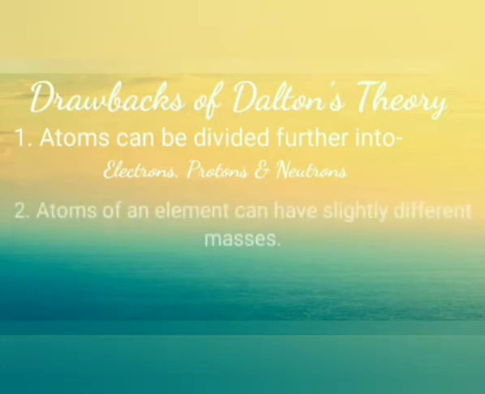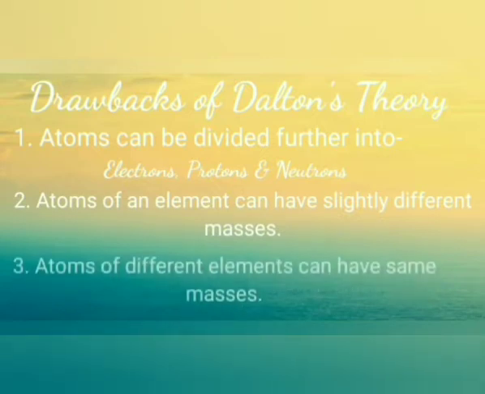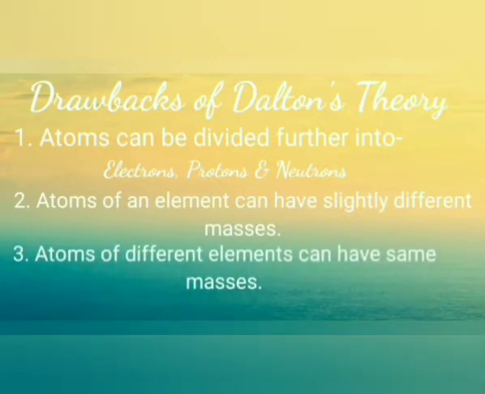Because of this, Dalton's theory got discarded, as Dalton said that atoms are indivisible. The second point was that atoms of the same element are identical, but later it was found that they can have different properties as well. Similarly, the third point was that atoms of different elements are completely different, but it was found later on that atoms of different elements can have the same properties also.